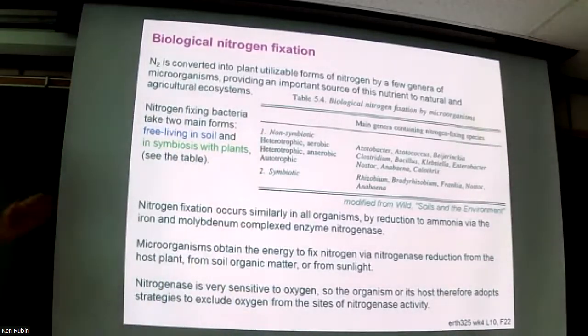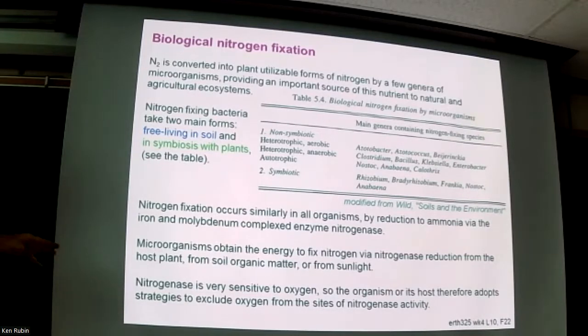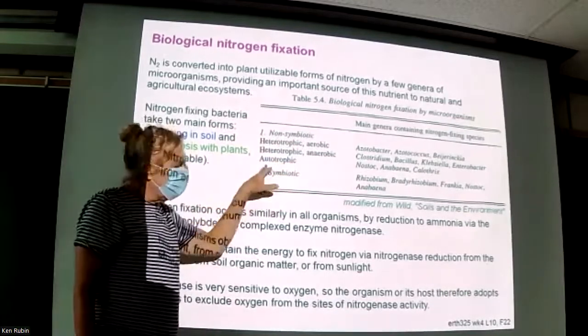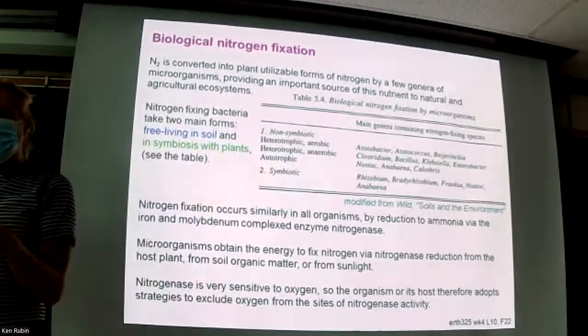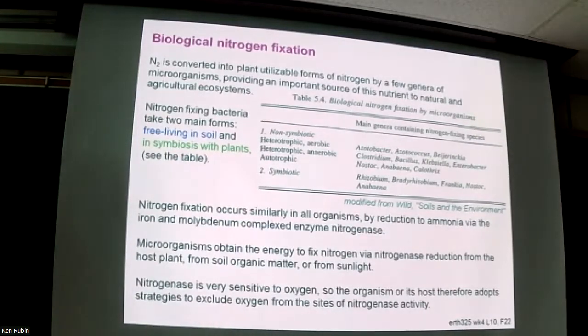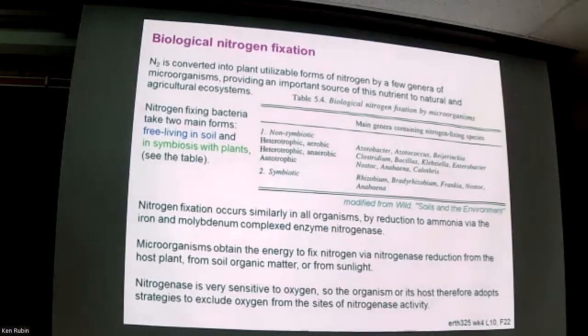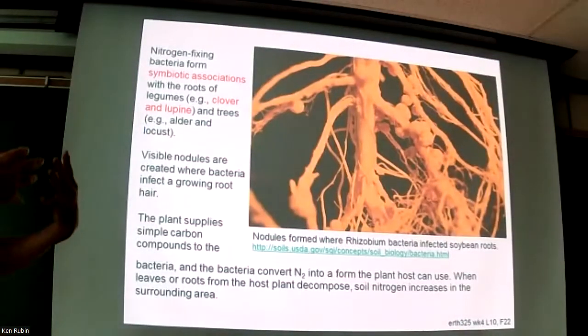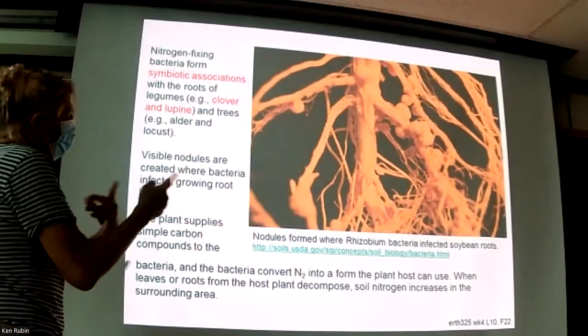One is as standalone organisms that are living in the soil. They're just doing their thing that plants are taking advantage of. Those are the non-symbionts. And then symbiotic relationships are ones where the microorganisms are part of the root or on the root and very closely associated with the particular plants. Symbiont implies there's something going back and forth.